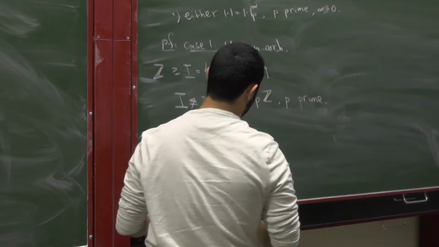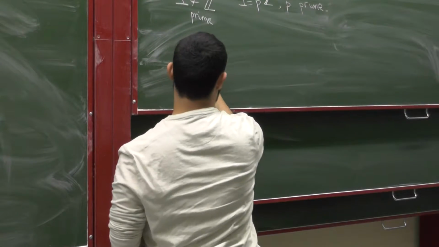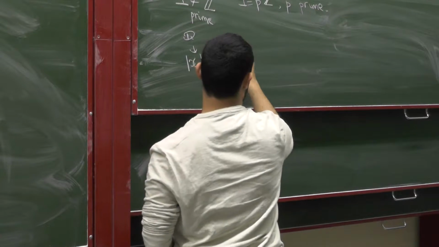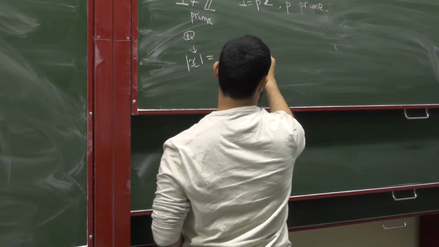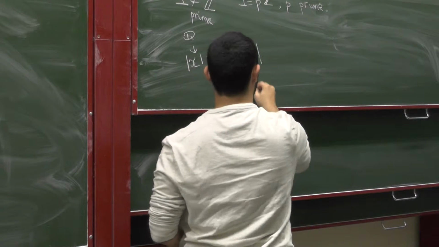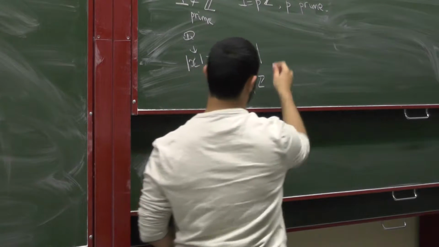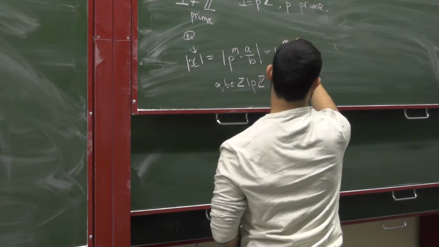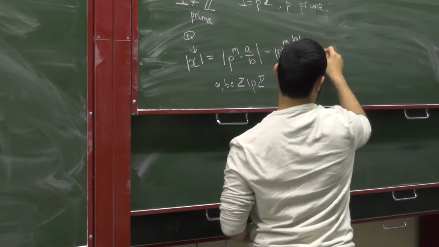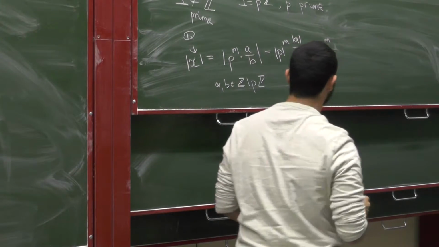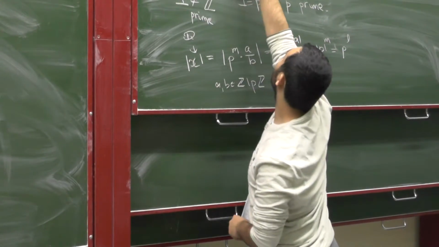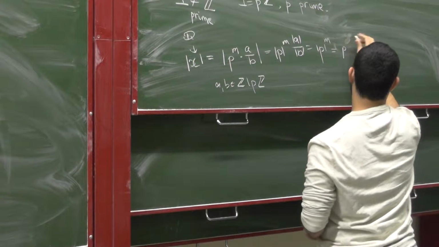So if we now take a general number x in Q, we can write it as p to some power times a over b, when a and b are coprime to p, p to the power m over b, this is p to the power m, and I want to pass to the basis appearing here, so we get this.